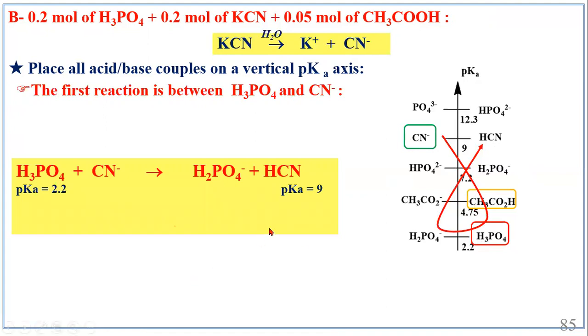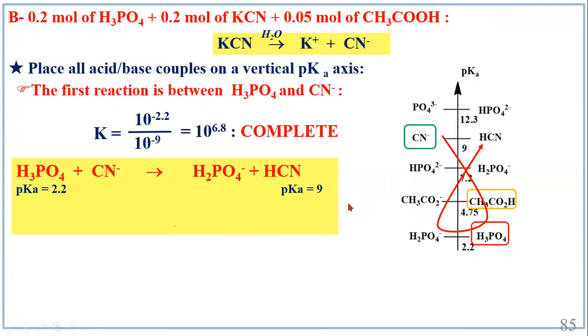The first reaction that will take place will be between the H3PO4 and the CN-, and since I have this already on a scale, this becomes H2PO4- with HCN. Done. What's my K reaction here? Do I need to write a K reaction? Yes, I do, because I need to now know what I have in my solution and how to proceed.